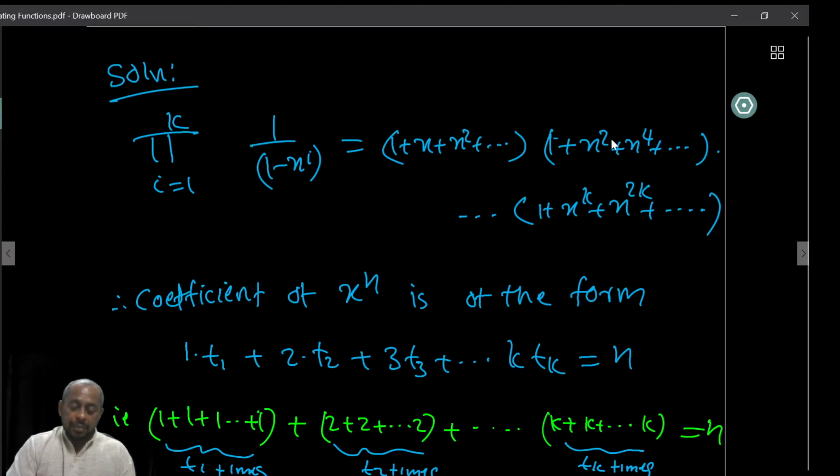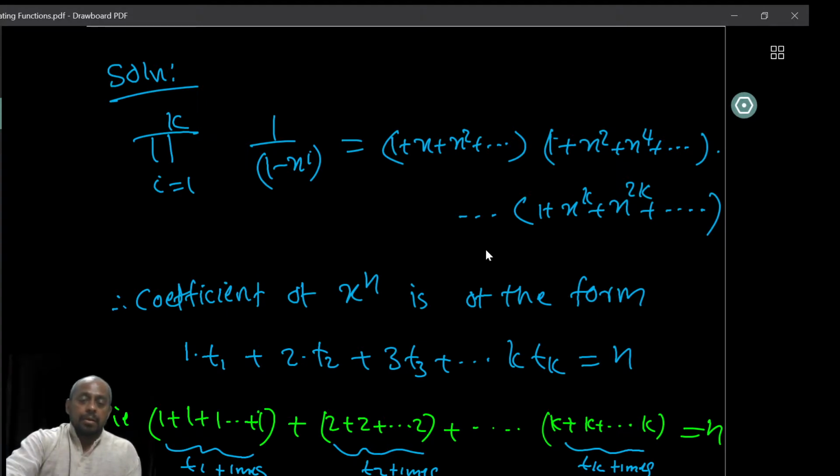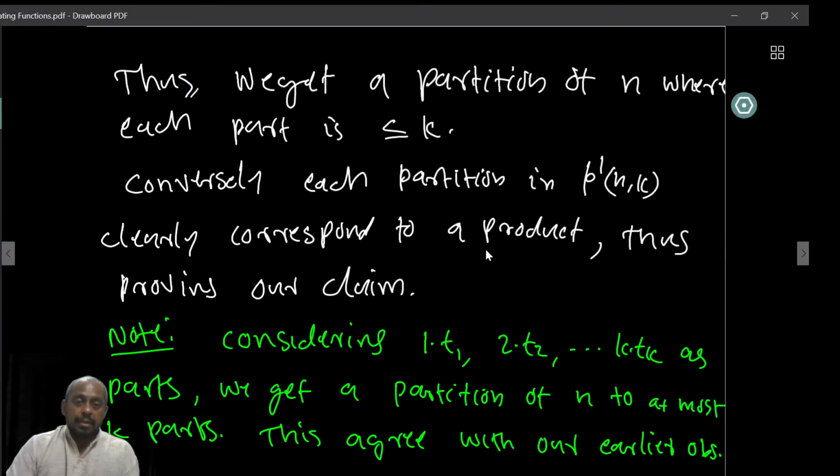If something is picked only 2 times, I will pick the x square, 3 times I will pick for the third term, etc. So that way I will get a one-to-one correspondence. So therefore, you can see that this is basically a partition of n, where each part is at most k.